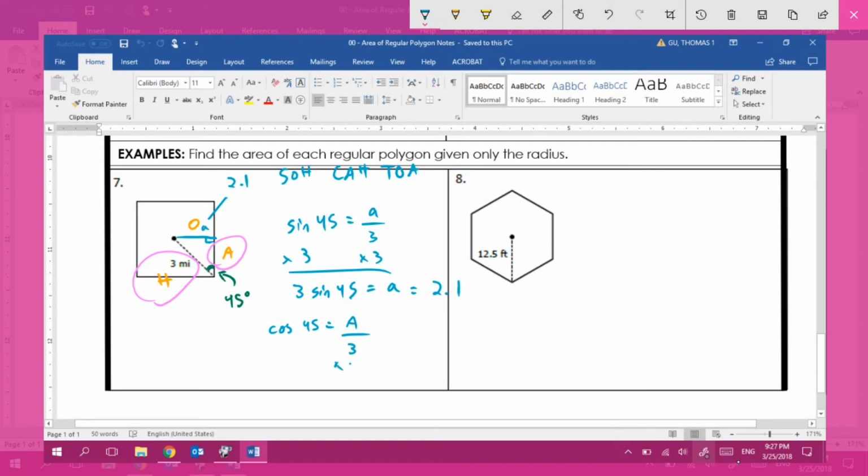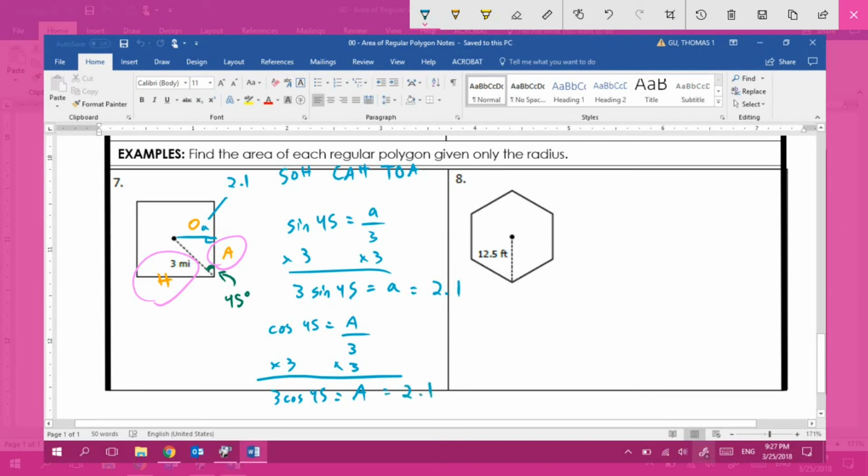So multiply both sides by 3. And that means that 3 cosine of 45 equals A, that missing side right there. So we put that into the calculator in degree mode. You're going to see that it's going to equal the exact same thing, 2.1.